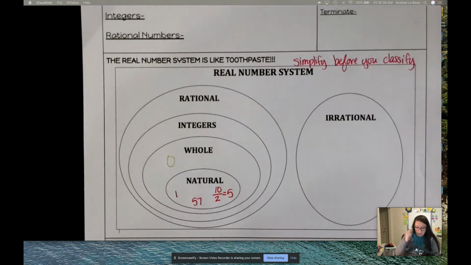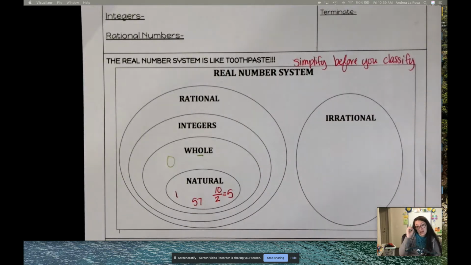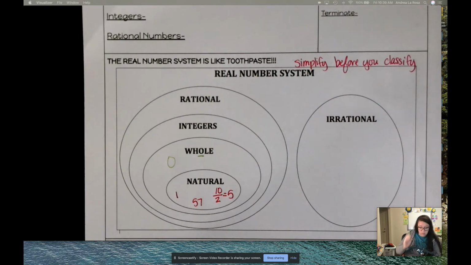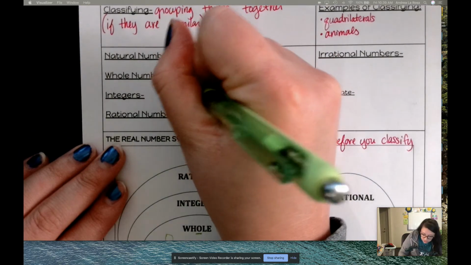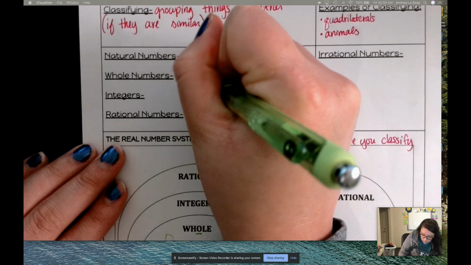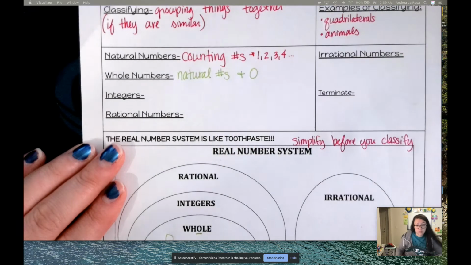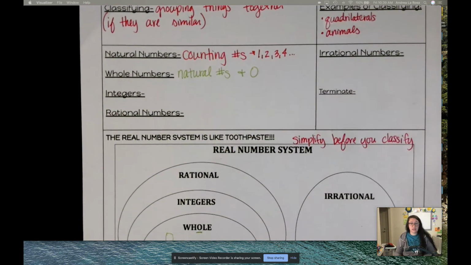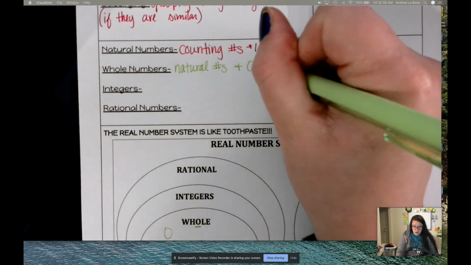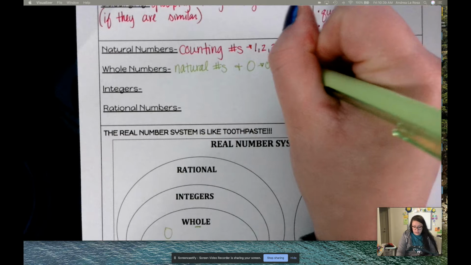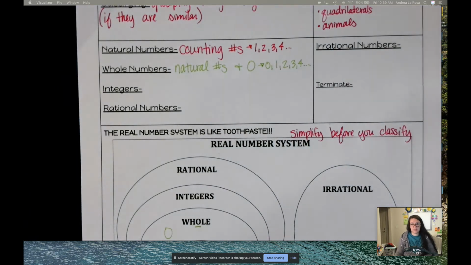The way to remember that is the letter O in whole, and that's where we see the number 0. So again, whole numbers are natural numbers and 0. We just add that one more number and that makes it a whole number. So it's 0, 1, 2, 3, 4, and I can keep on counting.